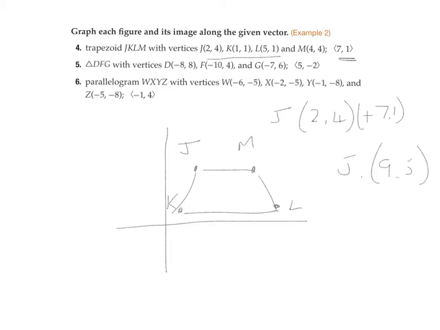Then plot your point. So 9, 5, we're going to be over here somewhere, and there's where J dash is. Do exactly the same with K, L, and M, and then eventually you will find that everything will translate. You will have the same shape, just moved along, 7 along, 1 up.